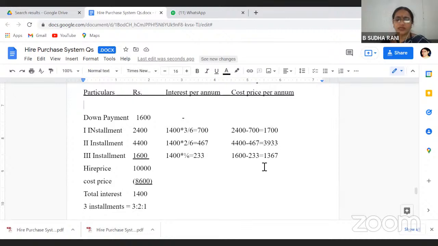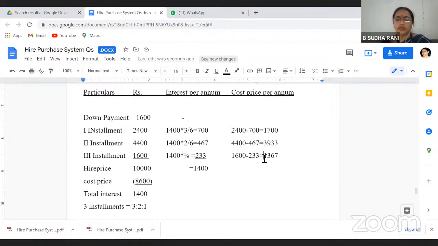See the cost price at the end of the year, and the installment is matching to 1400. So 700 plus 467 plus 233 is equal to 1400.